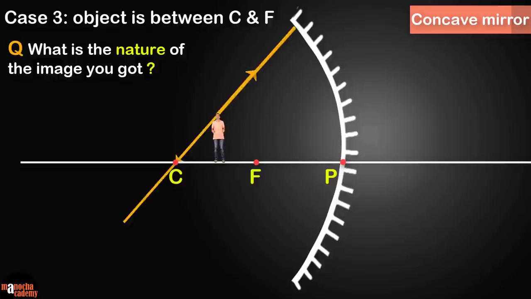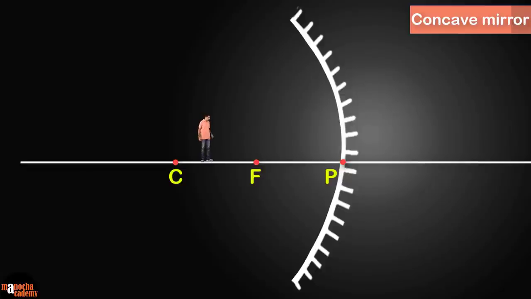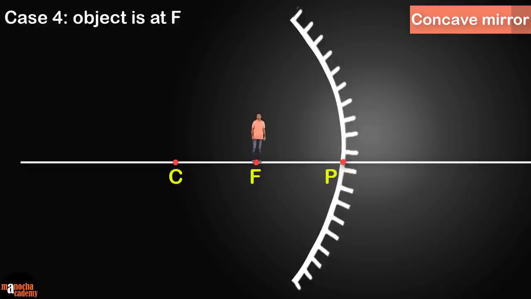That's right. The correct answer is it's a real and inverted image that's magnified. So this is the ray diagram, and as you can see, the position of the image is beyond the center of curvature.